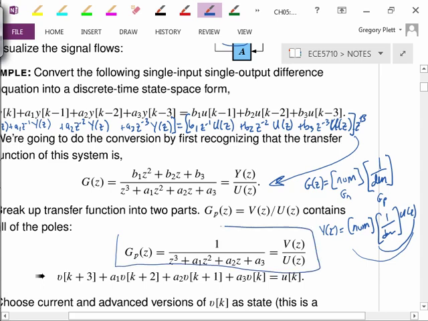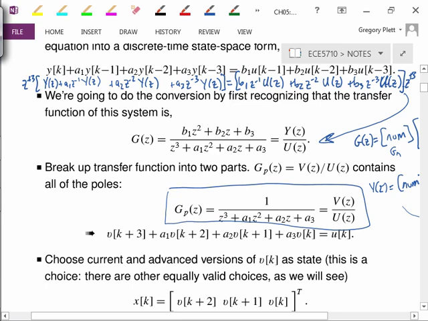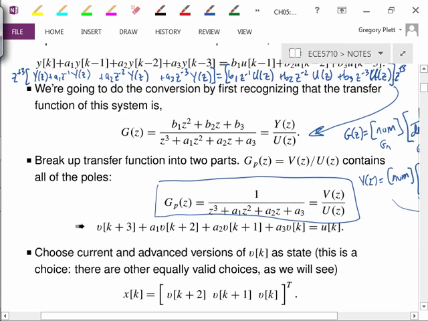Here is the denominator, the poles of the system, and we create an intermediate result that we call v of z, where v is what I get when I take the input u and I put it through the poles, but I don't put it through the zeros yet. And that is that transfer function.